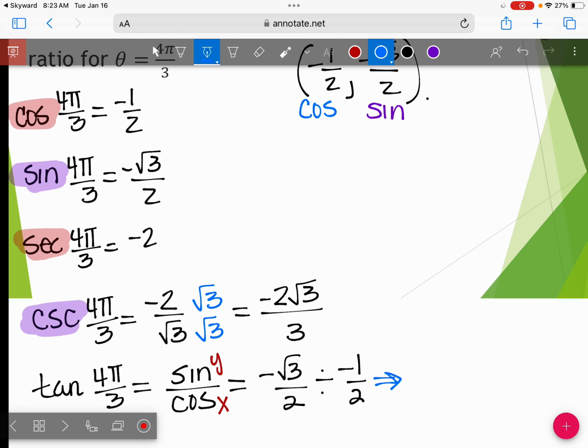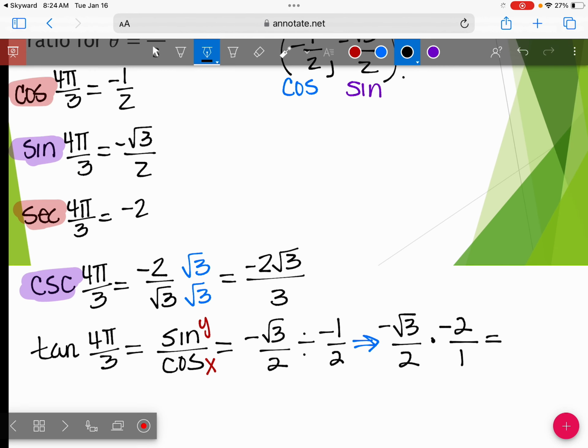So how do you divide fractions? You do keep, change, flip. Good. So we're going to keep this first one, change this to multiplication, and then flip it. And what's going to happen with our 2's? They cancel. Now, when you multiply or divide two numbers that are negative, what kind of a number do you get?